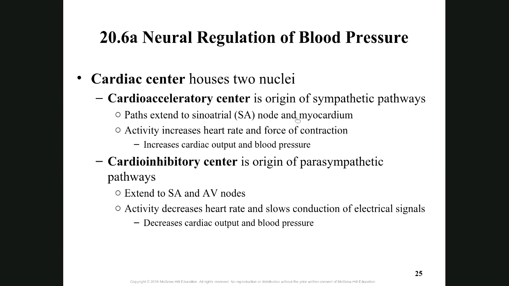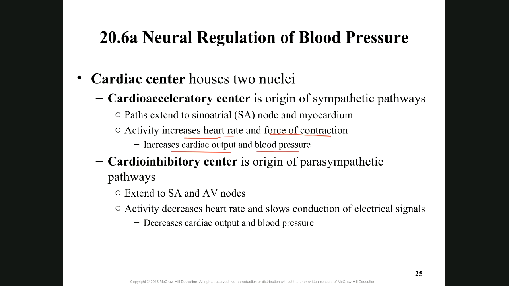And by activation of cardioacceleratory center, we have increase in the heart rate and force of contraction. So pay attention. When our cardioacceleratory center becomes stimulated, both our heart rate and force of contraction increase. So we have increase in cardiac output and blood pressure.